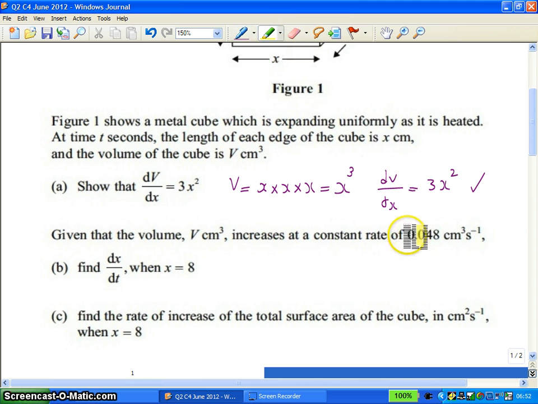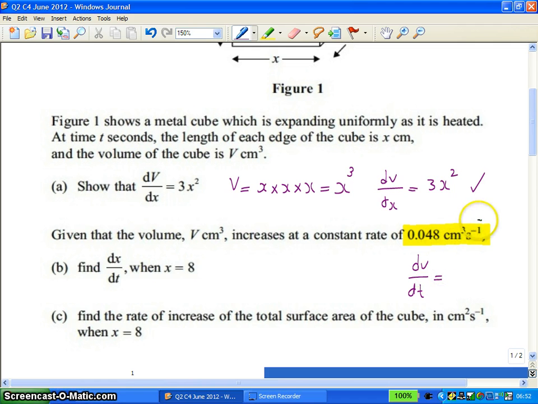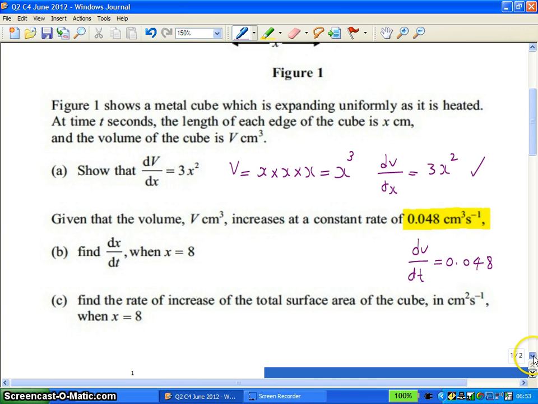We have been given the rate of change of the volume, so we have to recognize that as dV/dt. By looking at the dimension, we can see that is the volume divided by time, so that is equal to 0.048.